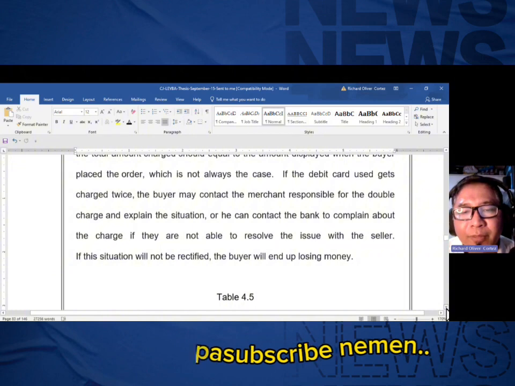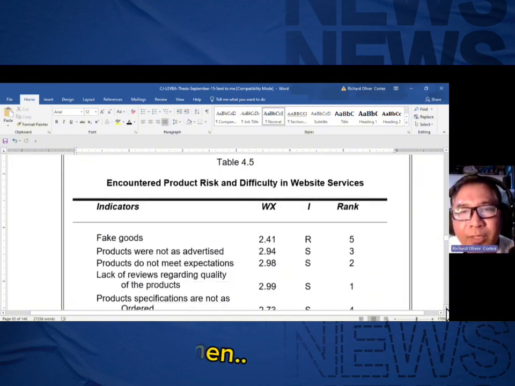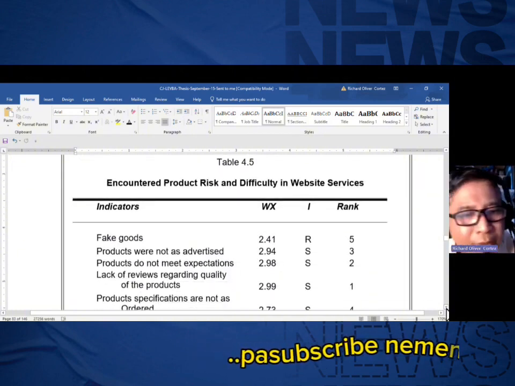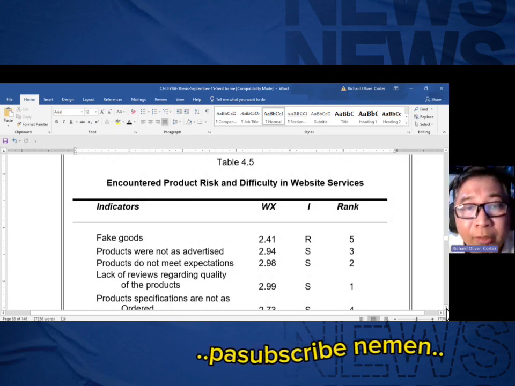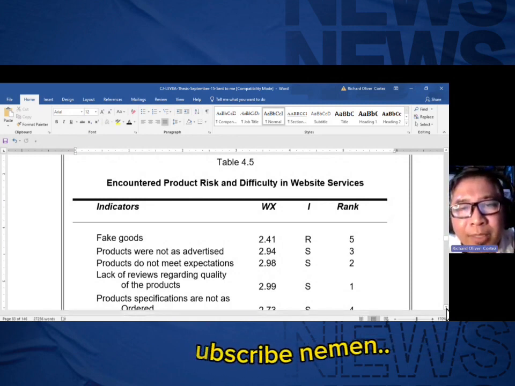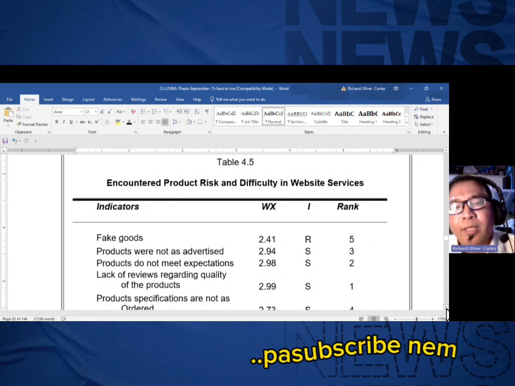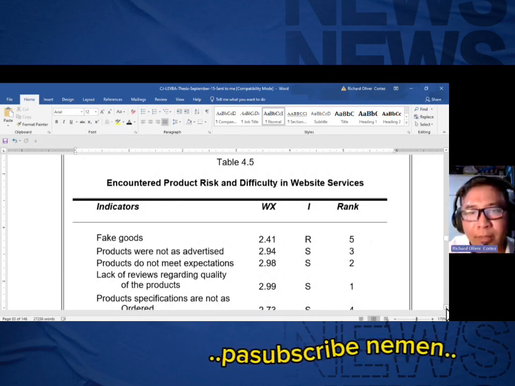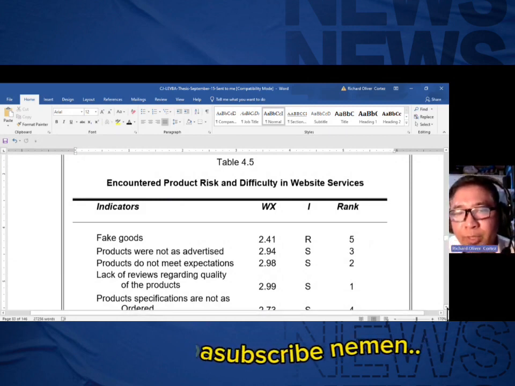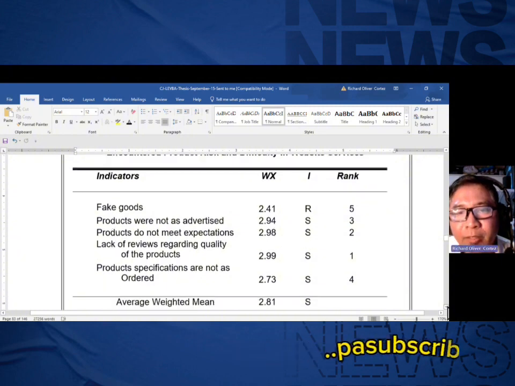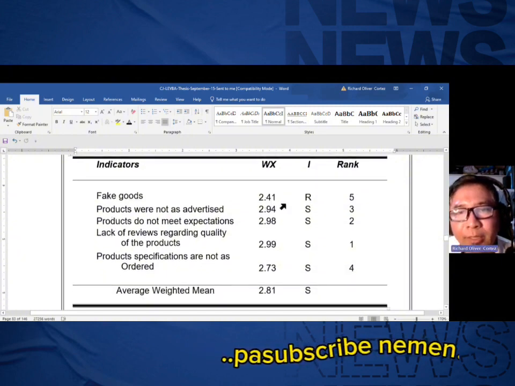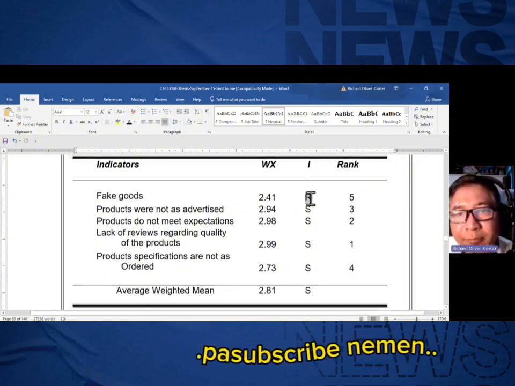And for table 4.5, this one is also about weighted mean. Ito naman ay encounter product risk naman and difficulty in website. So the same format, you have the 4 columns to be used. In the same method, how did you get the R?